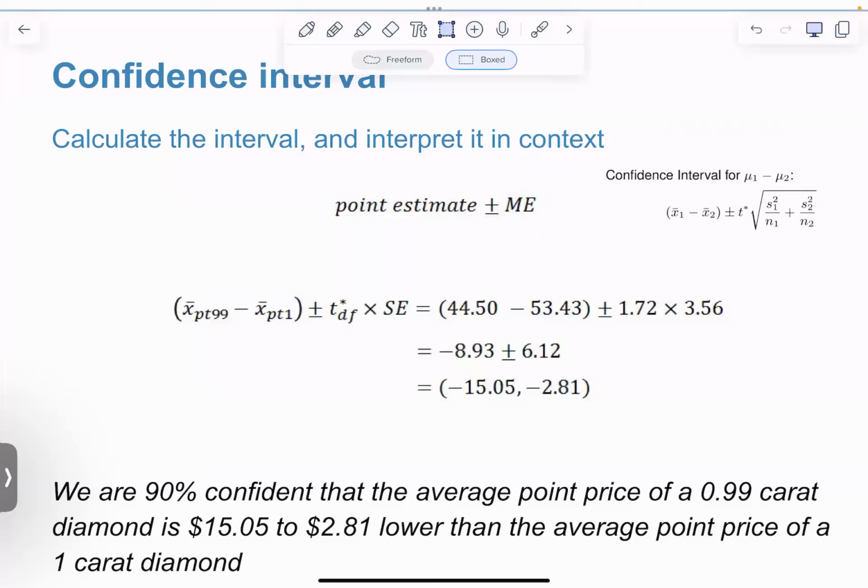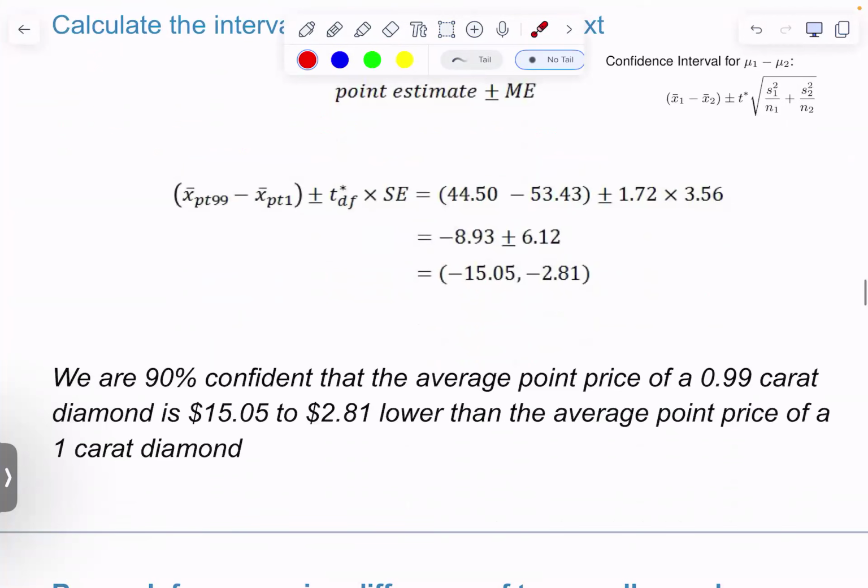We've got our point estimate. We've got our critical value times the standard error of the point estimate. And they've used some rounded values, but that's okay. This is the difference in the average point prices, right?